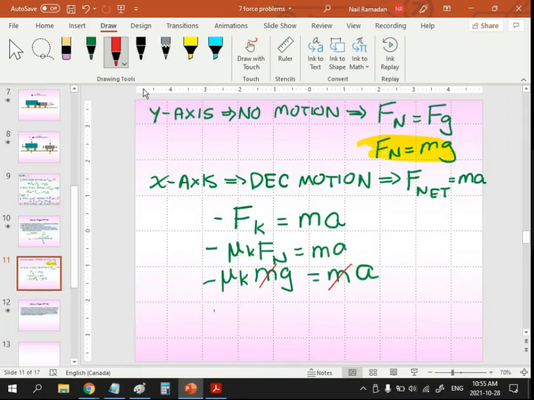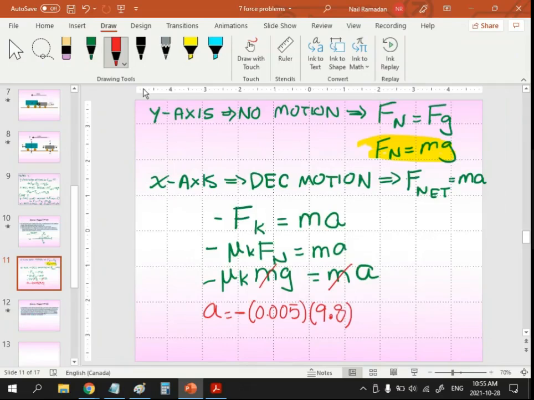So a equals what? Negative 0.005 times what? Say again? It's not negative mu k. It's originally a negative Fk. This negative just goes along for the ride. Okay, good question.